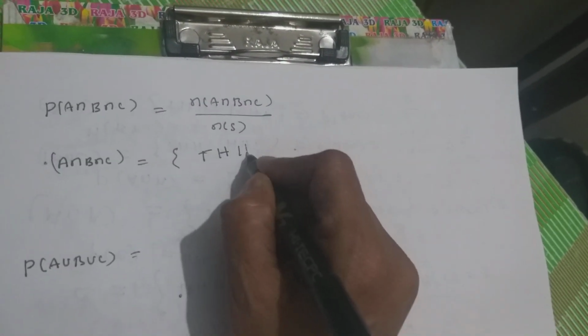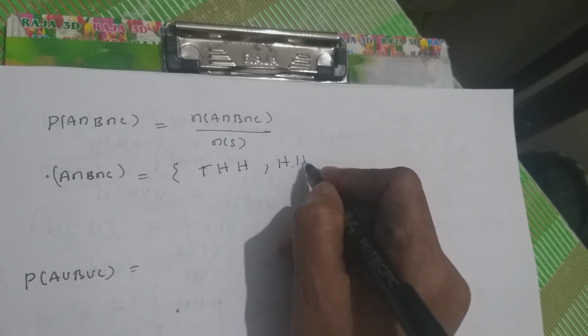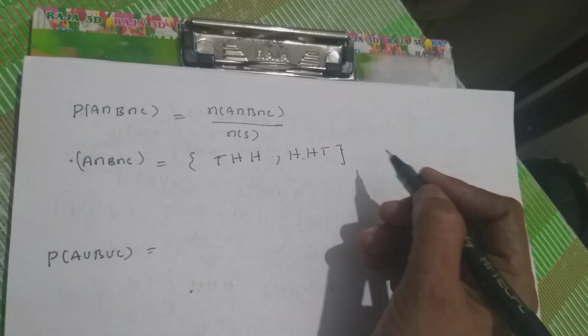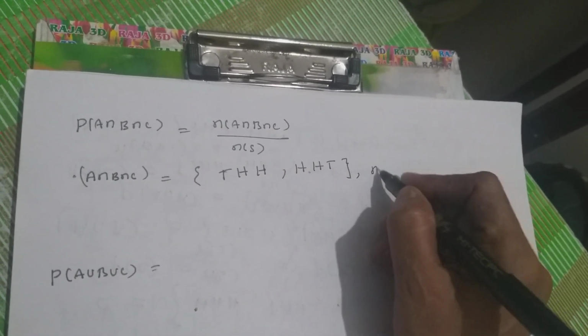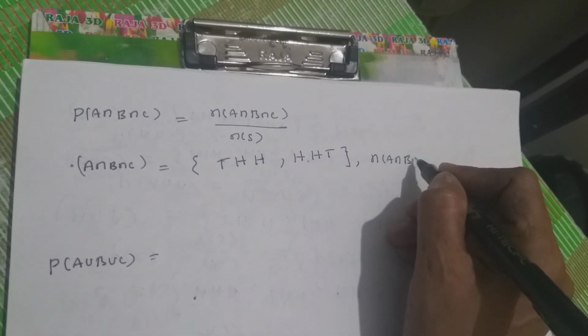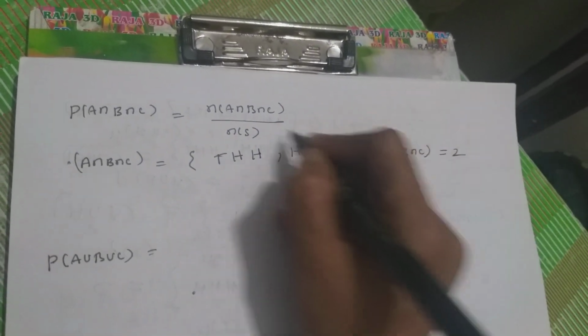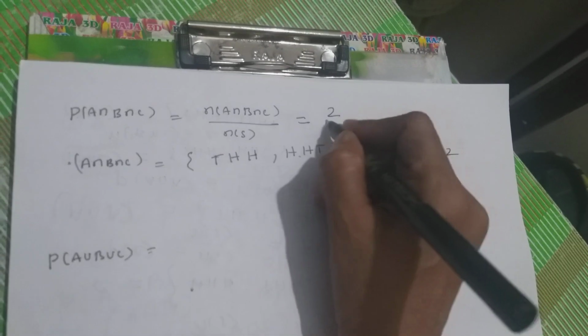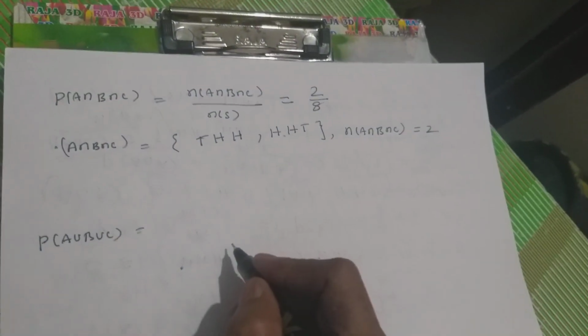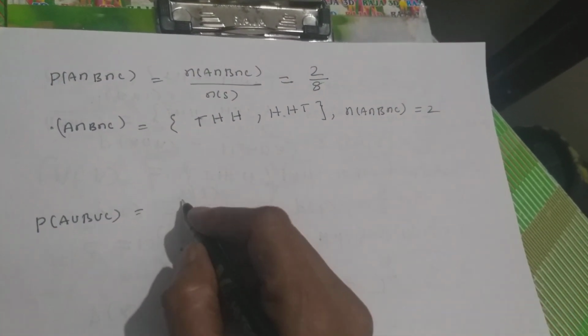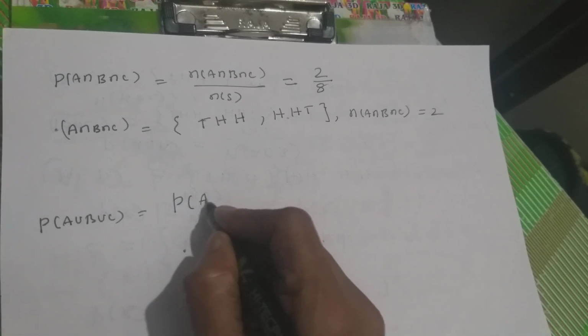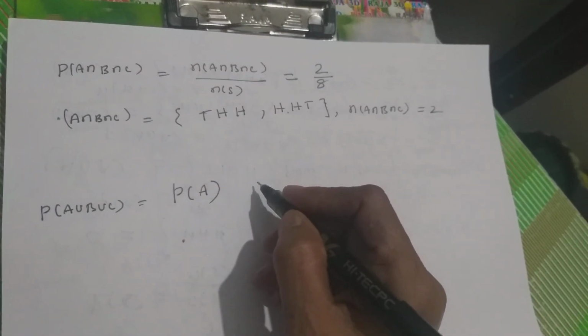This only satisfies all the 3 conditions. So N of A intersection B intersection C is equal to 2. So P of A intersection B intersection C is 2 by 8.